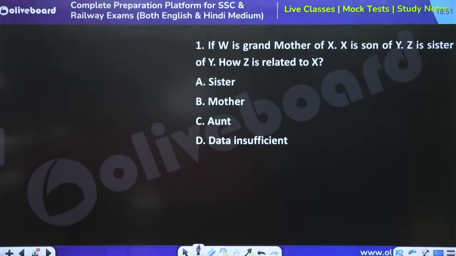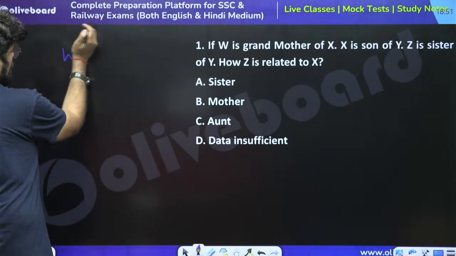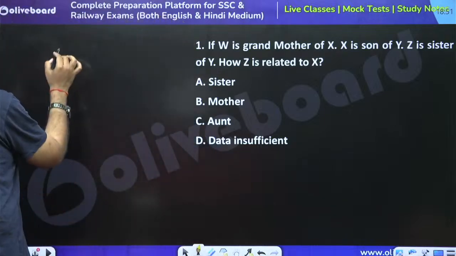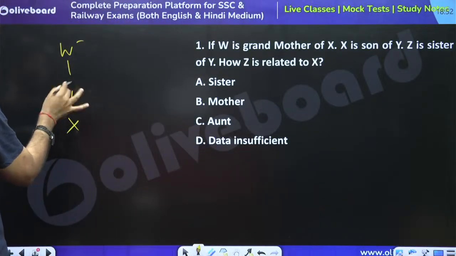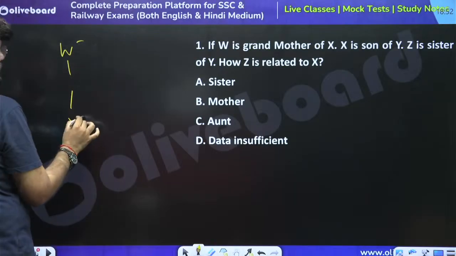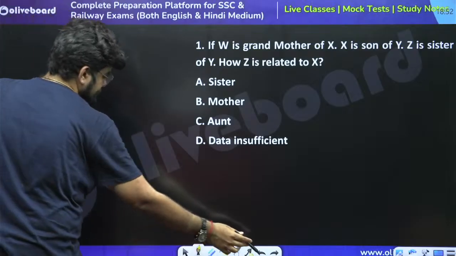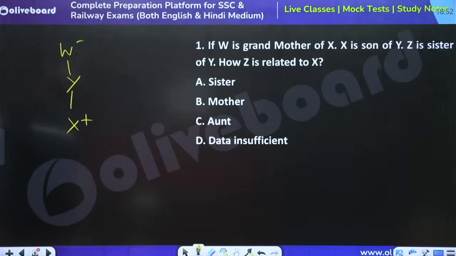So if W is the grandmother of X, we have somebody in between. We don't know whether it's a father or mother. X is the son of Y. We'll assume this to be Y only, because nothing else is given.